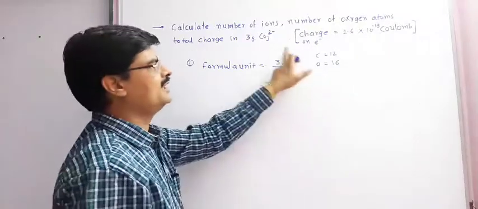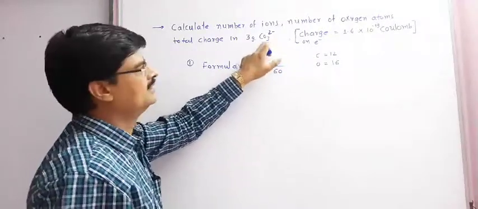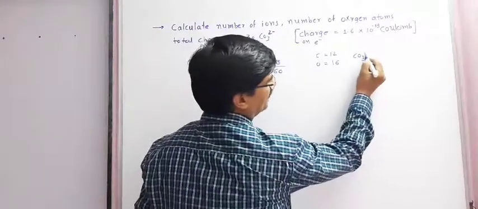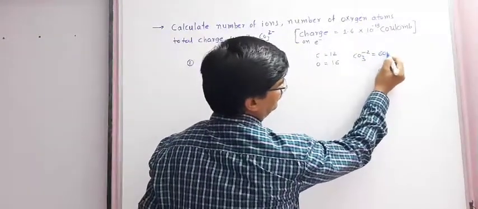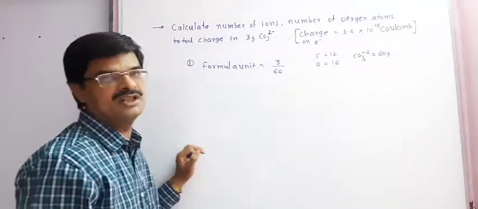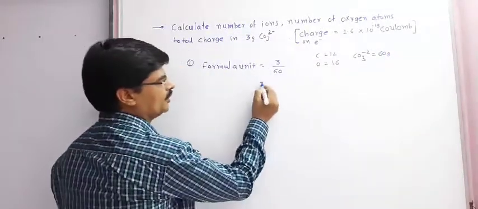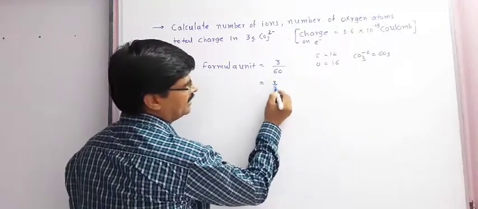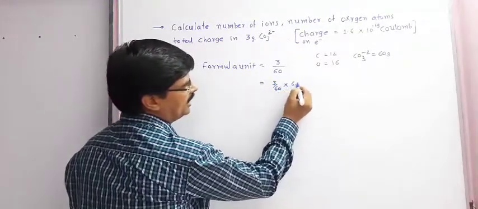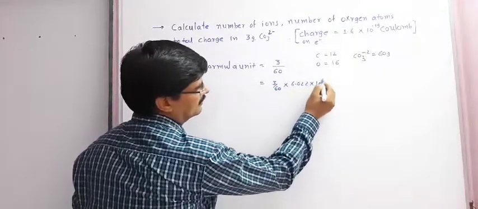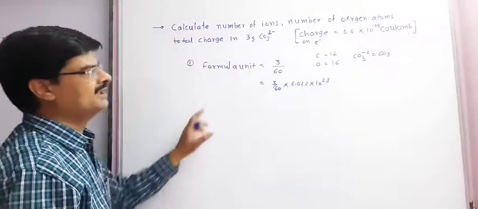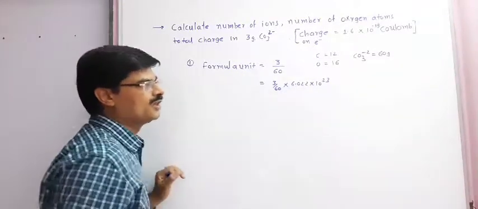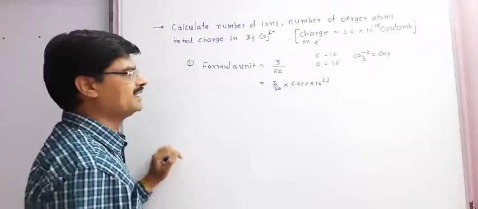So 16 into 3 is 48, plus carbon 12. So we will get the formula mass of CO3 2- to be 60 gram or 60 unified mass. So we get 3 divided by 60. Now when it is multiplied by Avogadro number, we will get the formula units: 3 by 60 into 6.022 into 10 raised to 23.